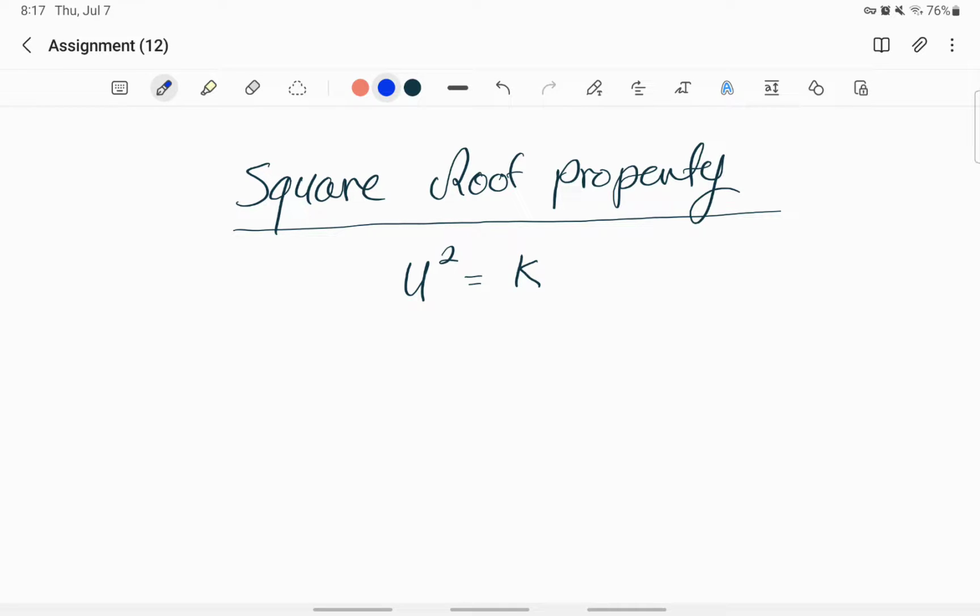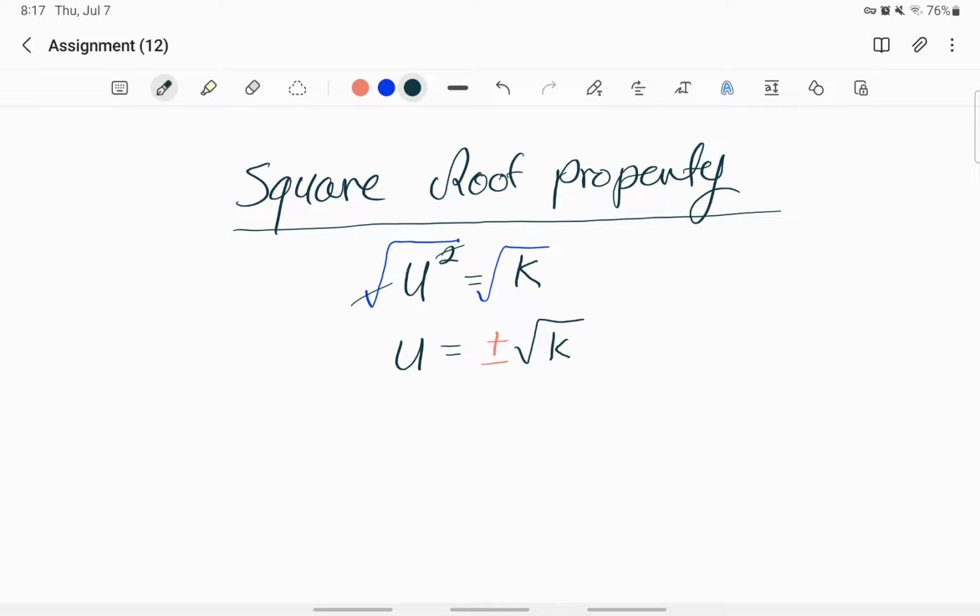If we want to find the solutions to this quadratic equation, we can apply the square root to both sides of the equation. The square root of u squared, they simplify out. U equals, when you apply the square root to both sides, you must have a plus or minus. Please do not forget about that. And that's going to be the square root of k.